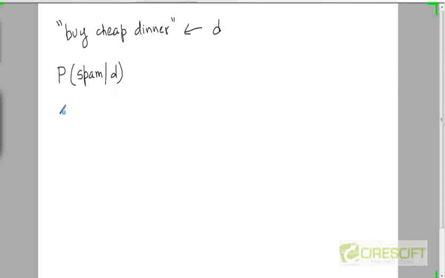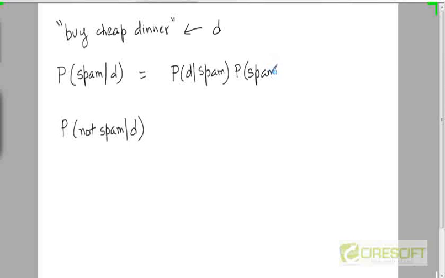That's one probability you have to compute. And the other is the probability that, given this document, it came from the non-spam class. Let's take the first probability. This would be the probability of D given spam multiplied by the probability of spam, the prior probability of the spam class, divided by the probability of the document.